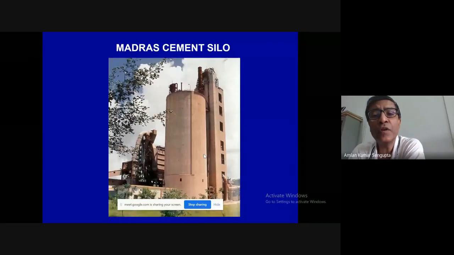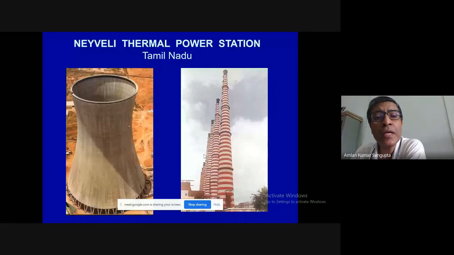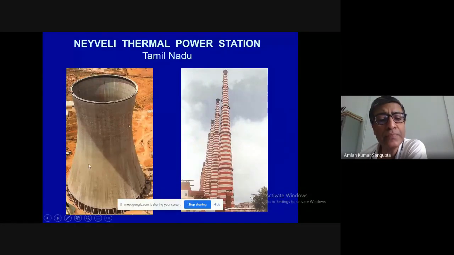This is a silo for storing cement. It's an industrial structure, and these types of structures are required in different types of industry. In a power plant, we will be seeing structures like the chimneys and cooling towers.